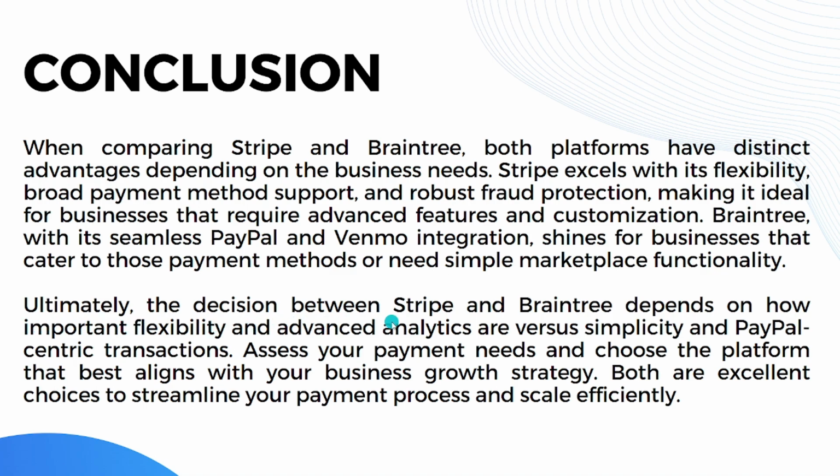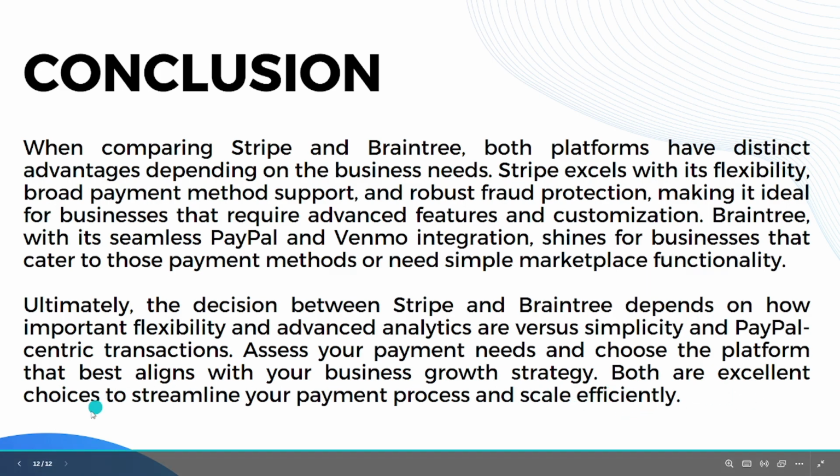Ultimately, the decision between Stripe and Braintree depends on how important flexibility and advanced analytics are versus simplicity and PayPal-centric transactions. So you need to assess your payment needs and choose the platform that best aligns with your business growth strategy. And lastly, both are excellent choices to streamline your payment processes and scale efficiently.